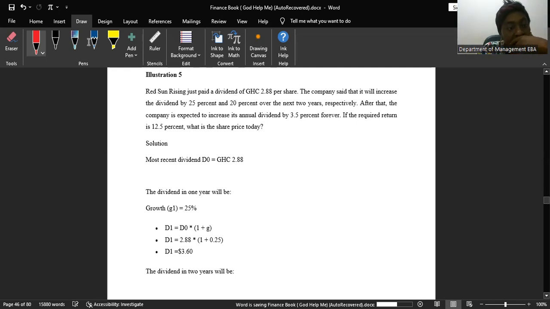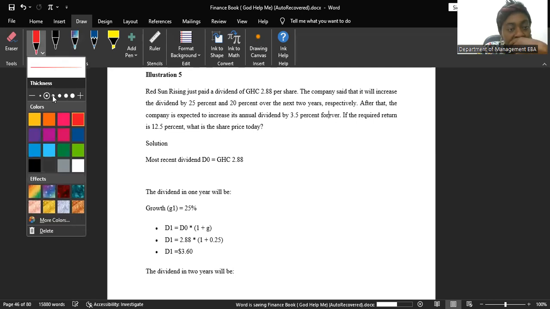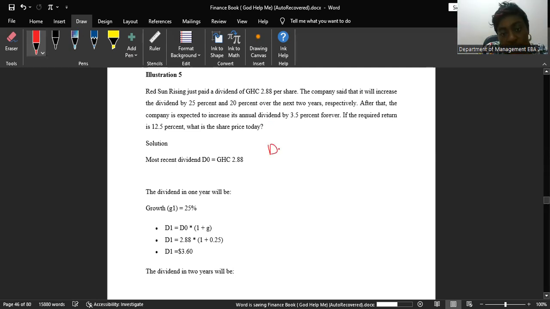Okay, now let's solve the question. The procedure said to solve the supernormal growth first, the non-constant growth. We know D0, the dividend just paid, is 2.88, and it's going to increase over 2 years. So let's get our D1.